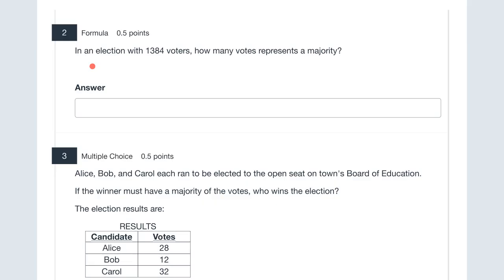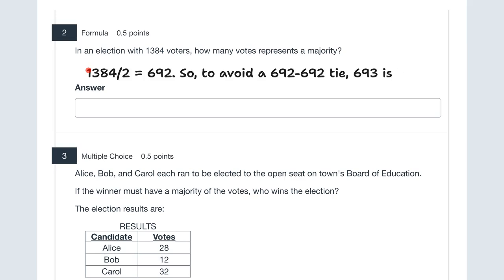So 1384 divided by 2 is 692. That's 692 exactly. So that means, to avoid a 692 to 692 tie, that means 693 is the majority.